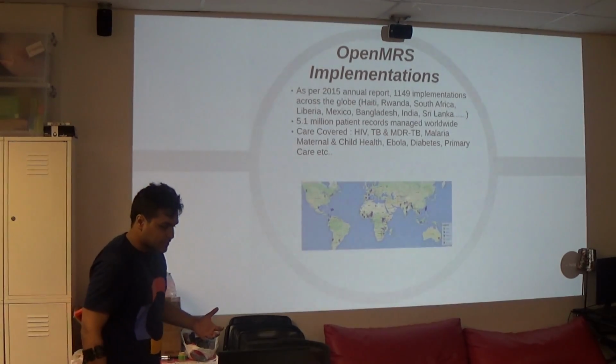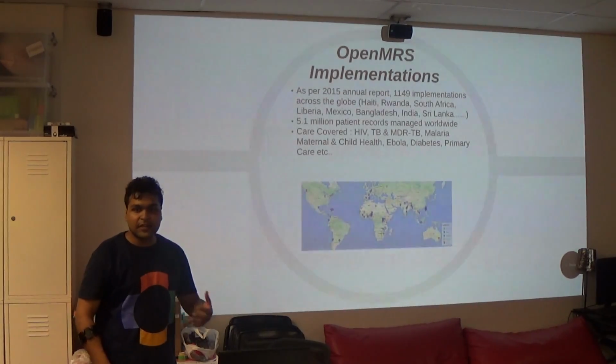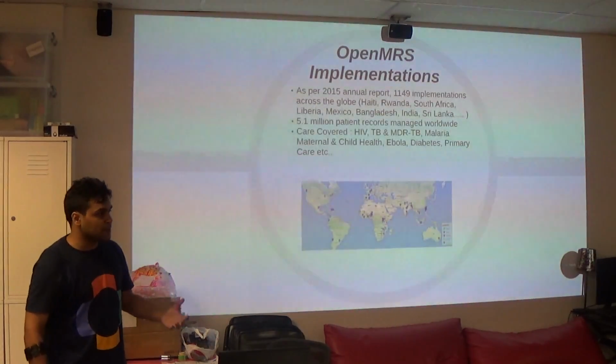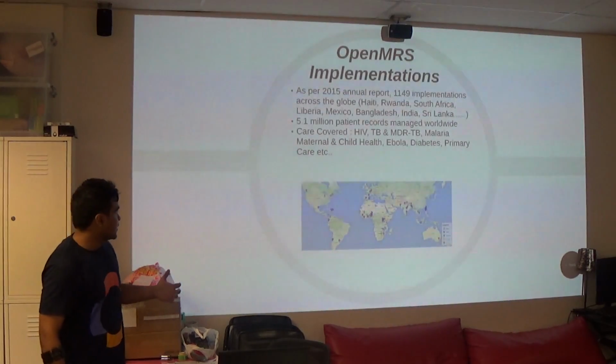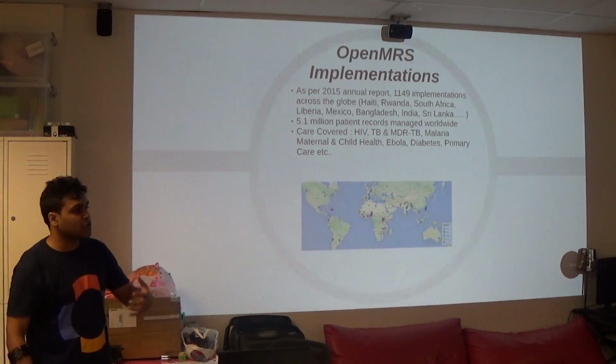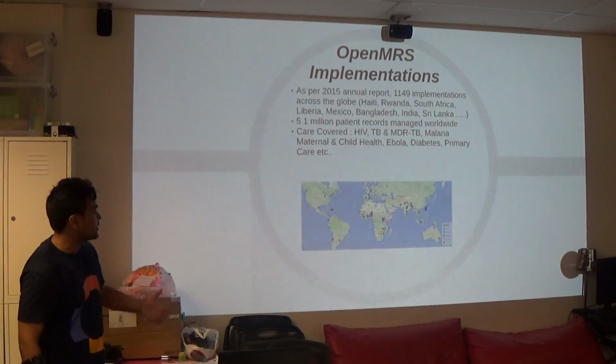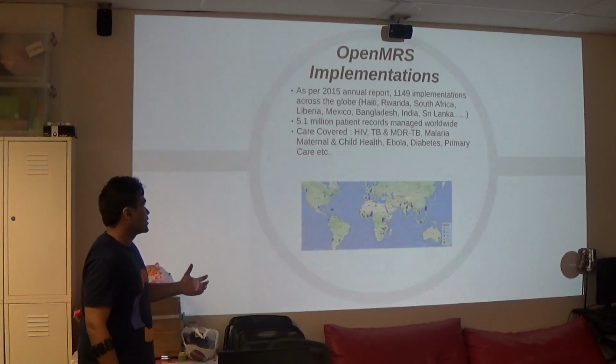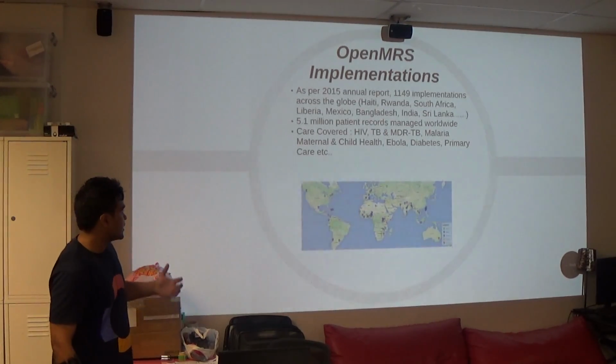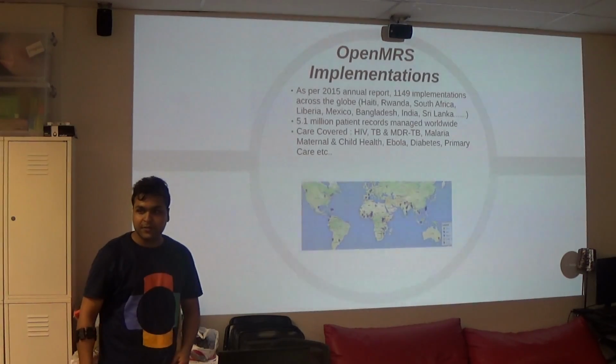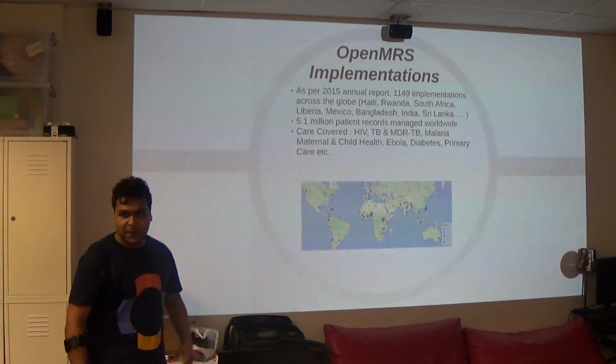OpenMRS was built as a system that is really extensible to the needs of the implementations. So our implementations have currently specialized OpenMRS to provide care in HIV, TB, malaria, child health, Ebola, diabetes, and primary care, etc. We'll be covering the Ebola part later.